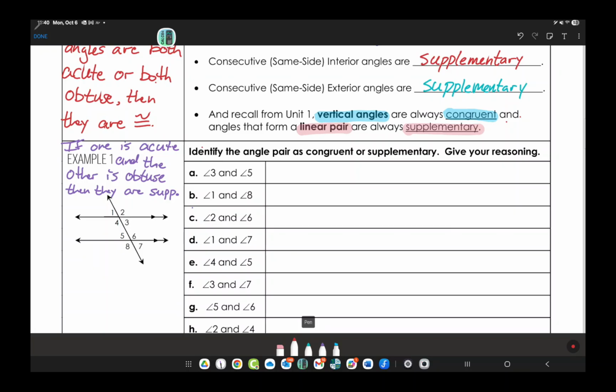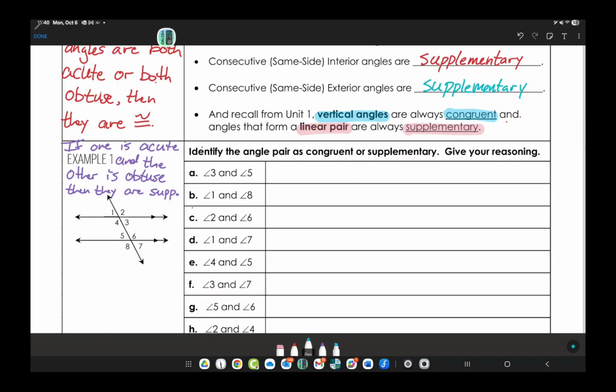Let's give your reasoning. You already did the homework where you had to identify that these are corresponding, these are alternate interior, alternate exterior, same side interior, same side exterior. You've already done that, so it should be familiar. Now from this, you can just say congruent because they're this, or supplementary because of this.